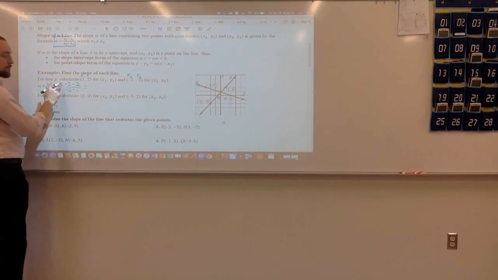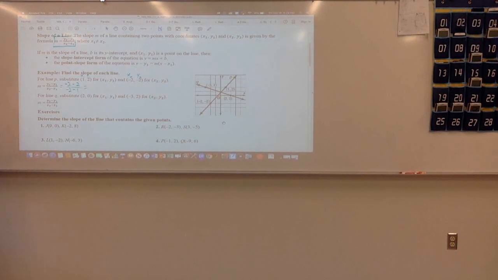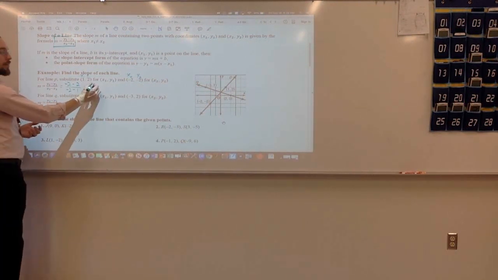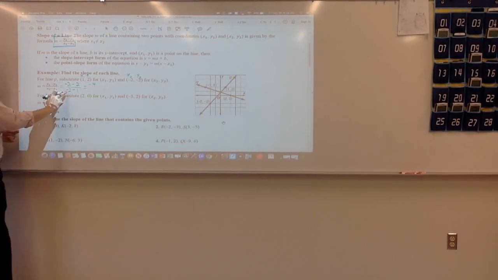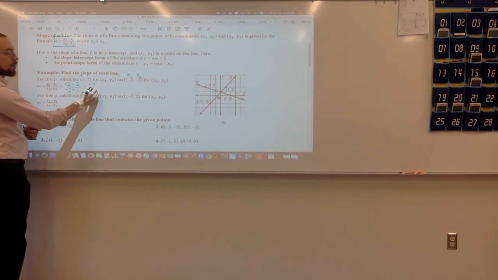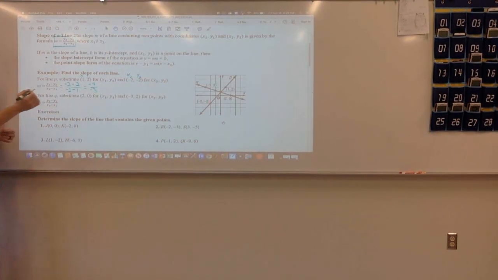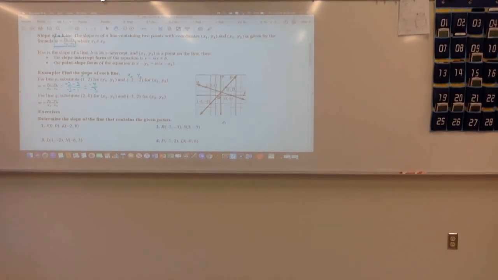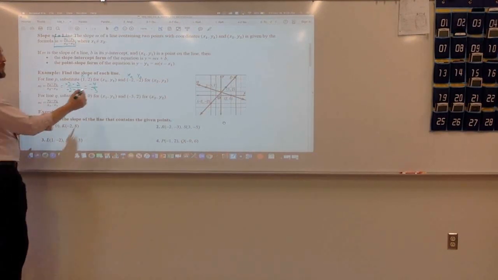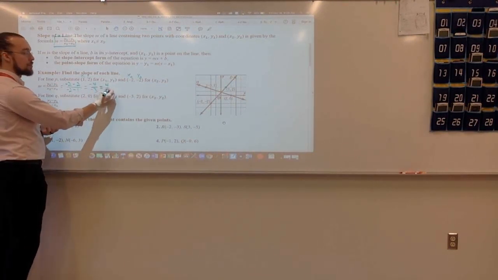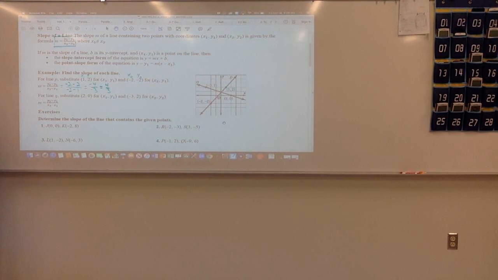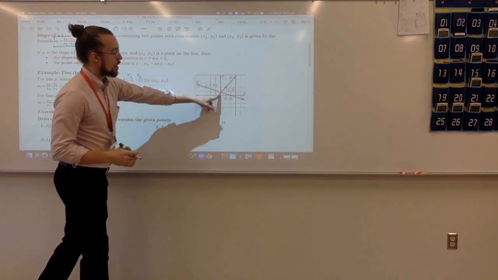Negative 2 minus 2 is negative 4, over negative 2 minus 1, which is negative 3. Now, I've got a negative in both the numerator and denominator. A negative over a negative is just a positive. So what we just found is the slope of this line.